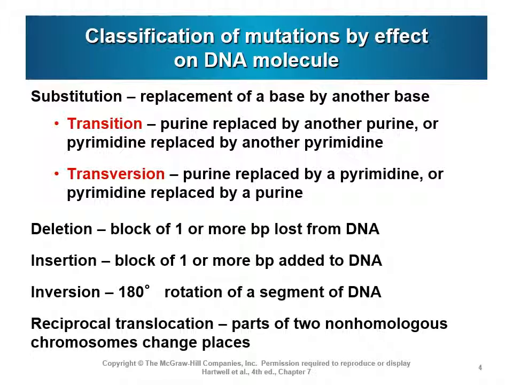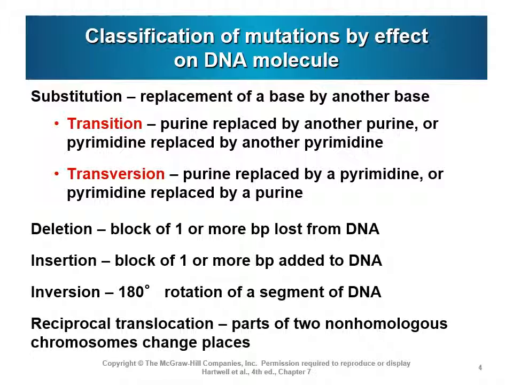Transition is where the same type of base is substituted by a similar base, like a purine replaced by a purine or a pyrimidine replaced by a pyrimidine. However, there is another type, transversion, where they are replaced by the alternative type, where a purine is replaced by a pyrimidine or a pyrimidine is replaced by a purine.